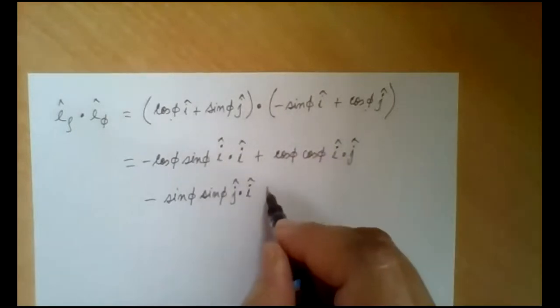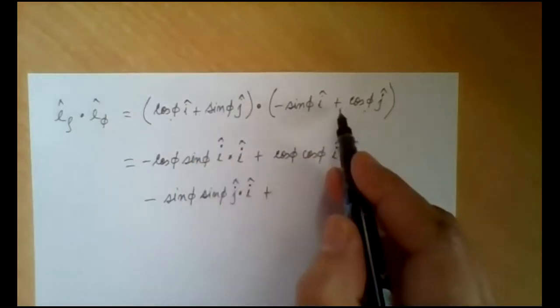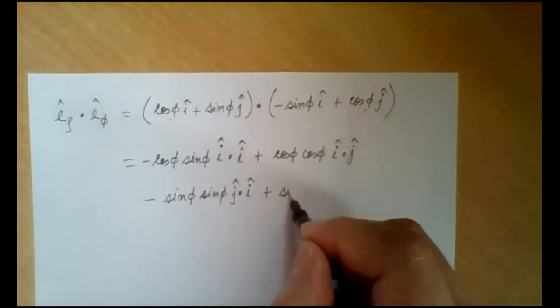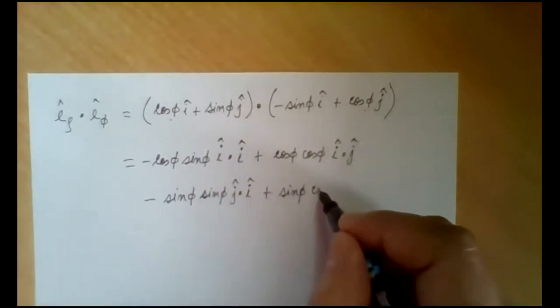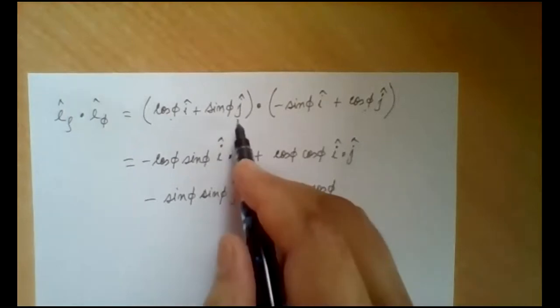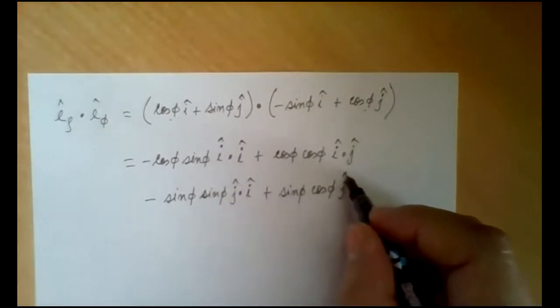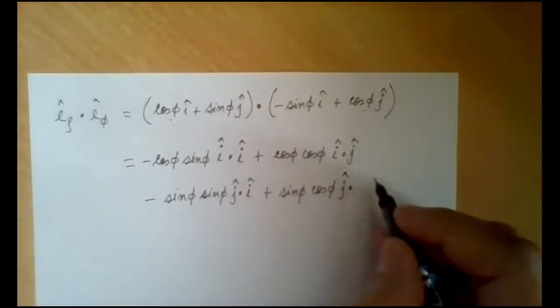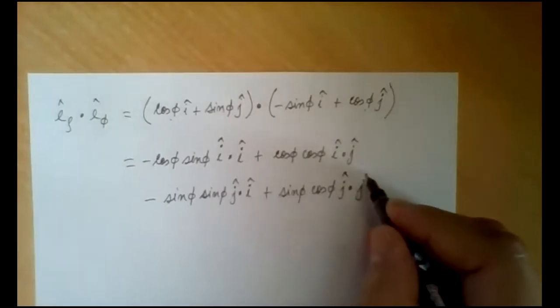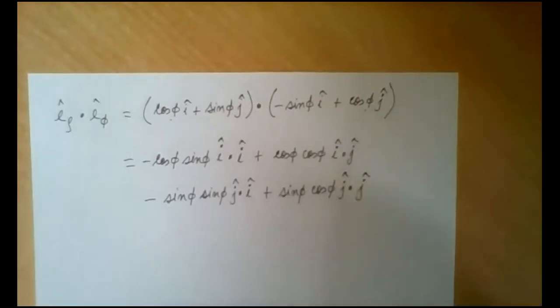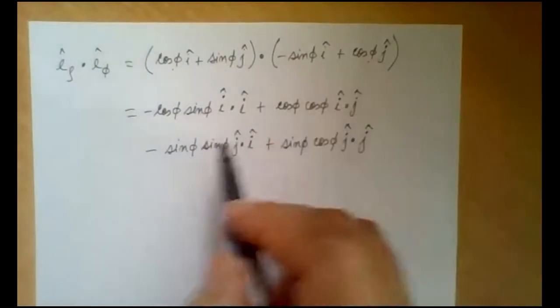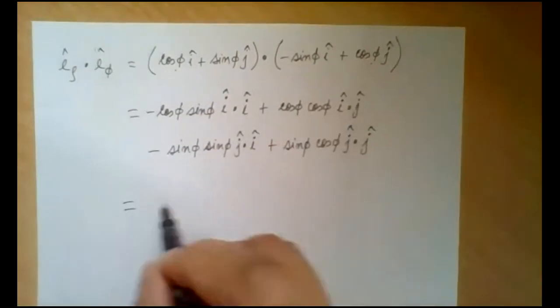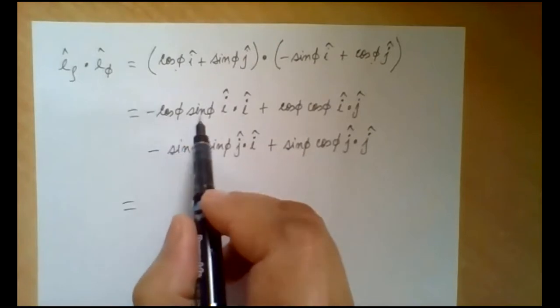Then plus sin phi j hat dot cos phi j hat. So we get 4 terms after multiplying all of this. The first is minus cos phi sin phi.